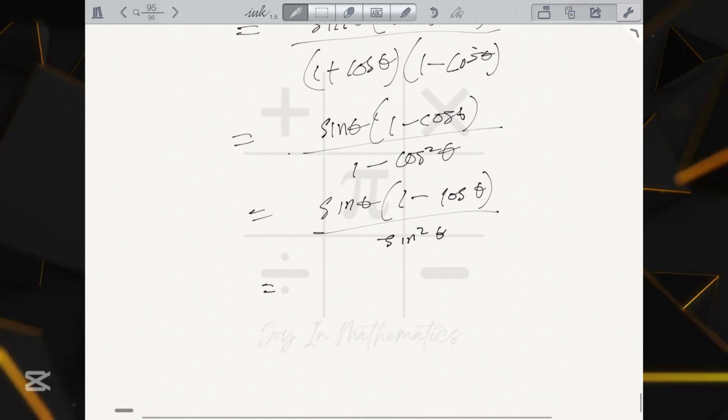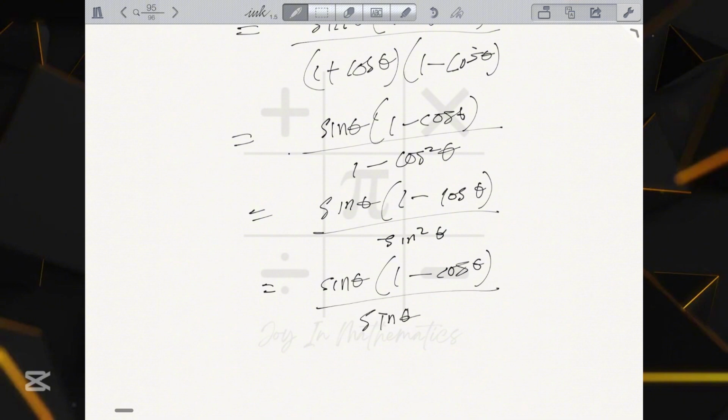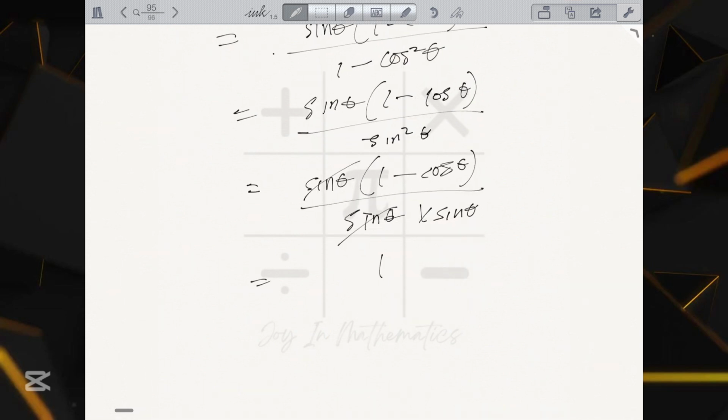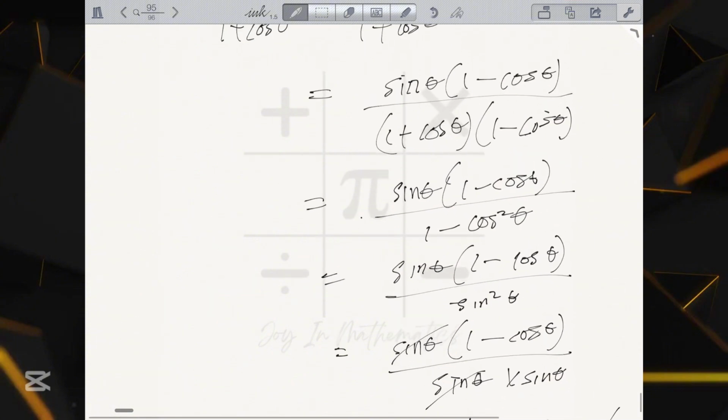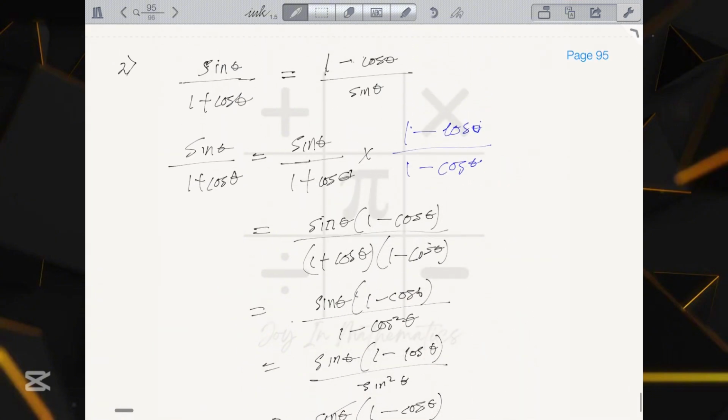So we have sine theta multiplied by 1 minus cos theta divided by sine theta multiplied by sine theta. Interestingly, one sine theta will cancel the other sine theta, and we are left with 1 minus cos theta divided by sine theta, which is the expression on the right hand side. So yes, we have simplified the left hand side to give us the right hand side. Now let's take an exercise to validate our understanding of this subject matter.